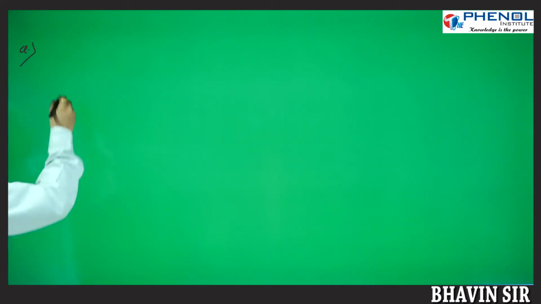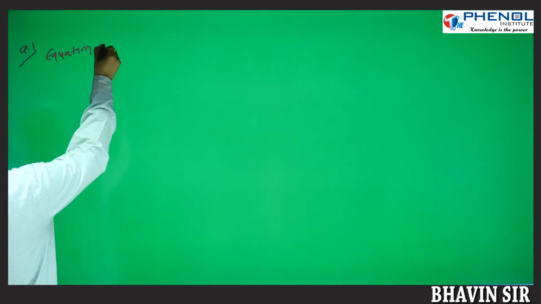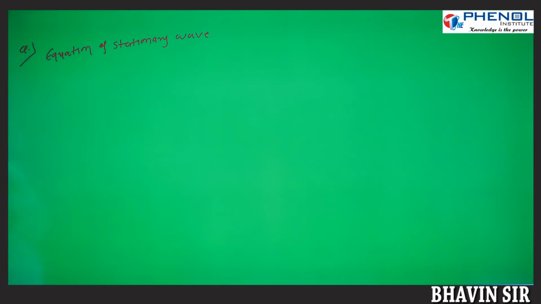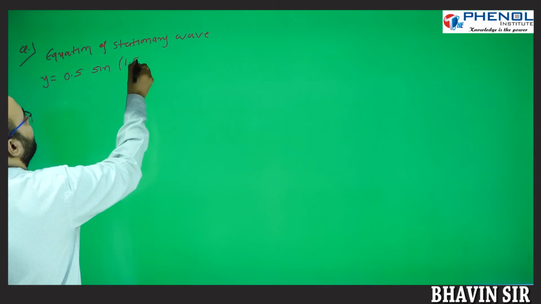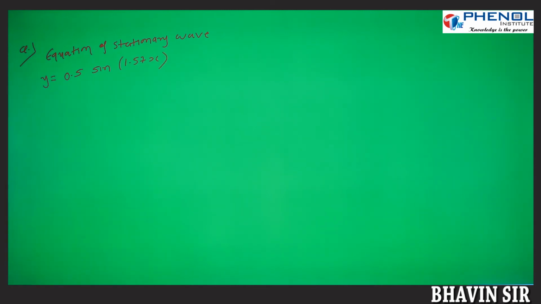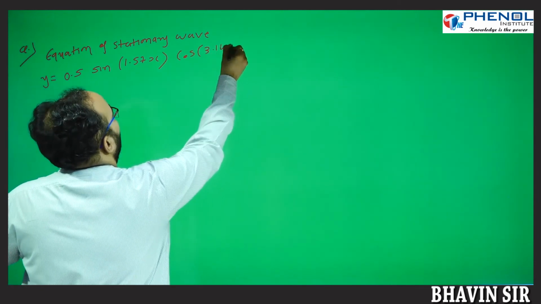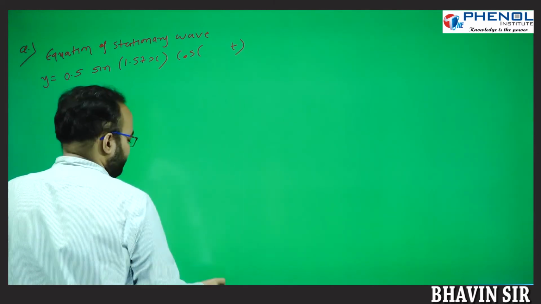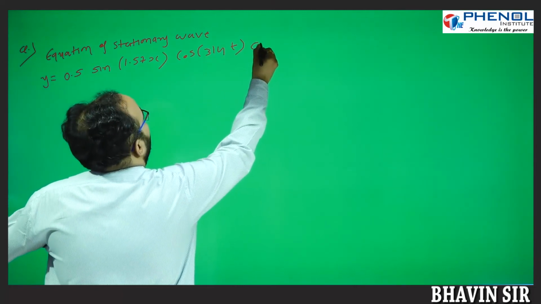Chalo, see what is the equation of stationary wave. The equation of stationary wave is given by y is equal to 0.5 sine 1.57x and cos 3.14t, and that y is in centimeter.